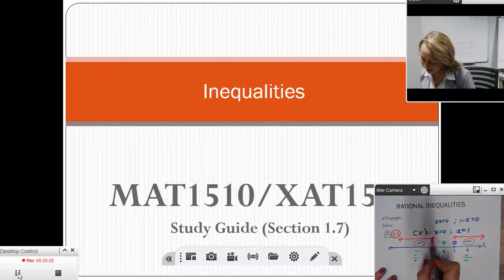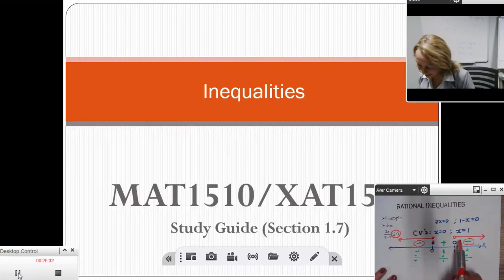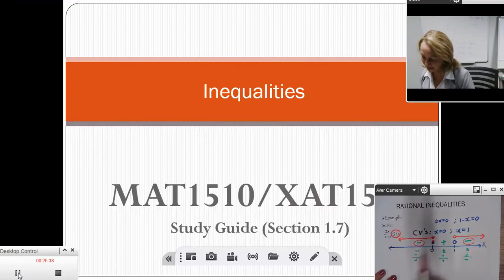Please notice that I've included x equal to 0 because the inequality includes equal to 0, but I've excluded x equal to 1 because the expression would be meaningless or undefined if I included x equal to 1. So my solution for this rational inequality is expressed with these two red arrows.